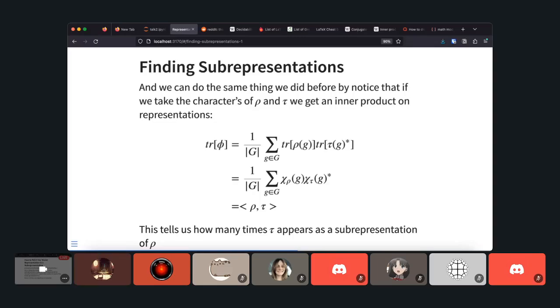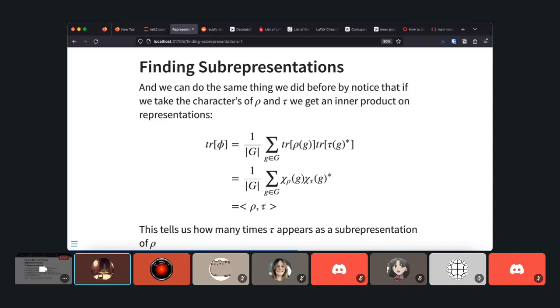I should have said that more clearly. If rho and tau have a different number of dimensions, then you can put them in any order.